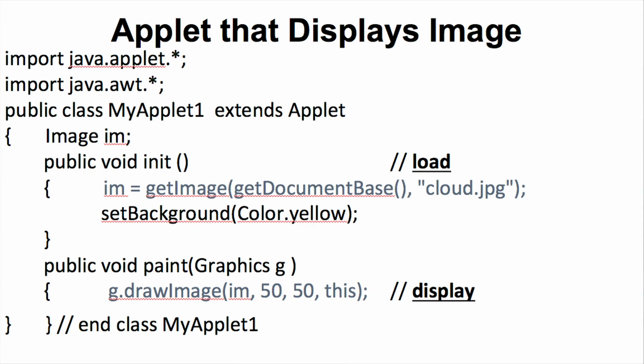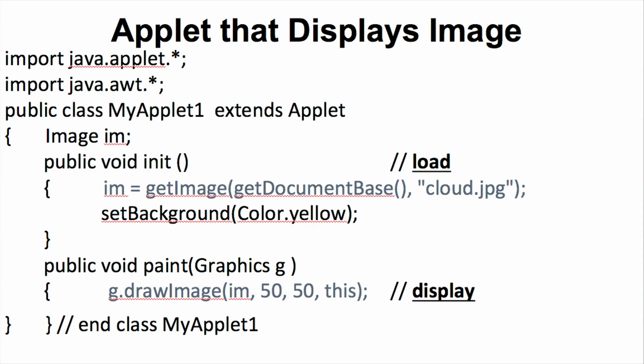By using the object g, we write g.drawImage, meaning we are drawing an image at the 50, 50 coordinate, and this object represents the same class, the myApplet class.